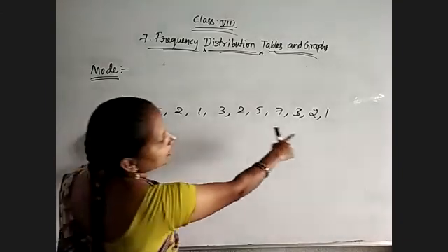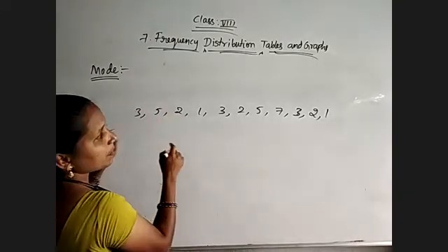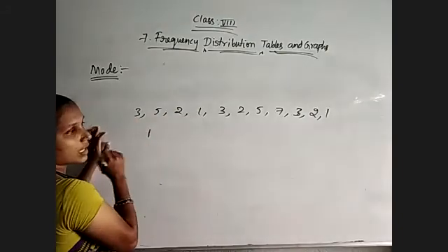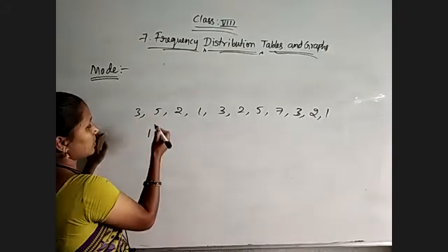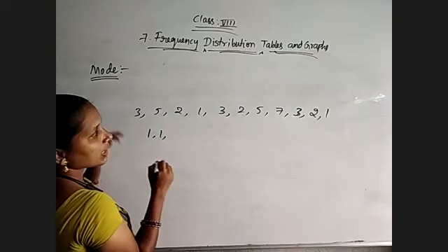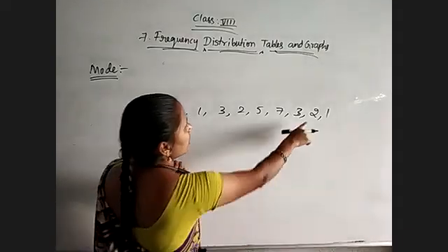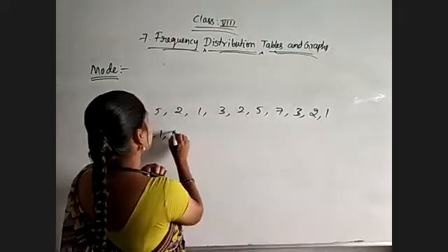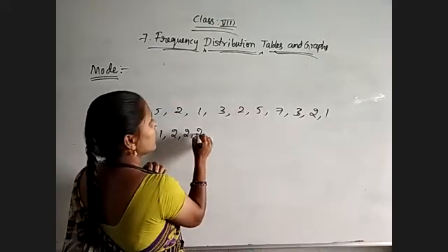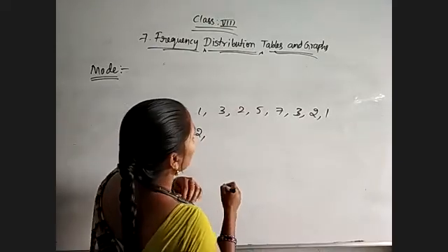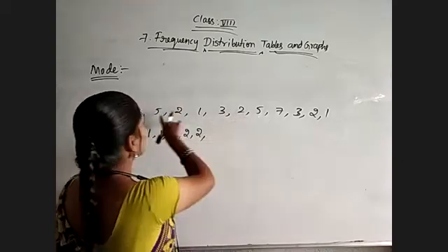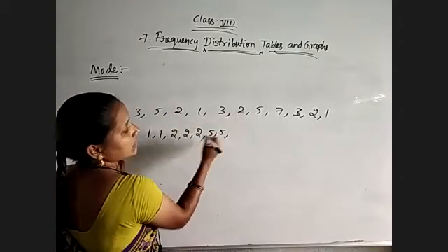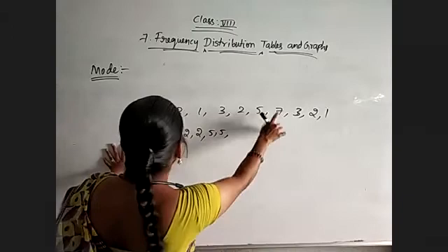The smallest number is 1, and it came 2 times. Then 2 came 3 times. 4 is not there. 5 came 2 times. 6 is not there. 7 came only once.